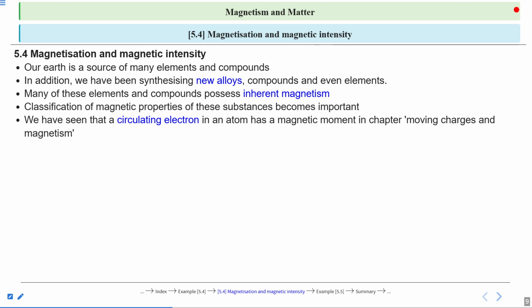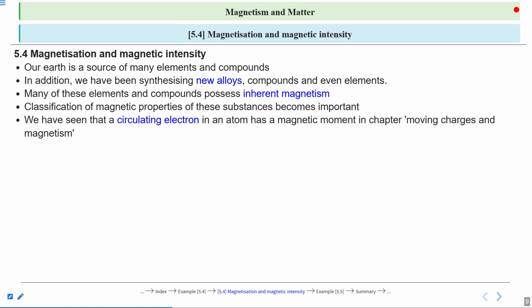That was the magnetic field at the center of a circular loop carrying current, and current is due to moving electrons. A single electron moving in a circular path is equivalent to a circular loop, but the amount of current will be very, very small, yet it can be considered as a current loop.